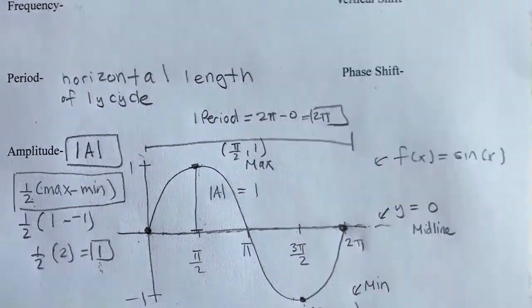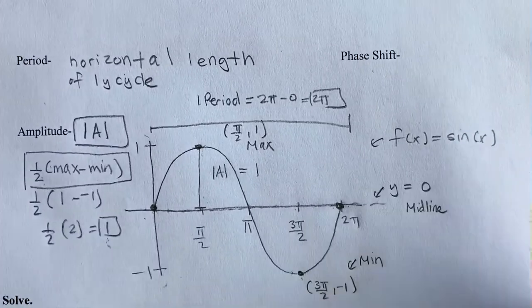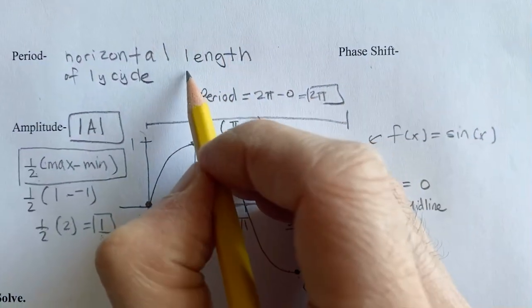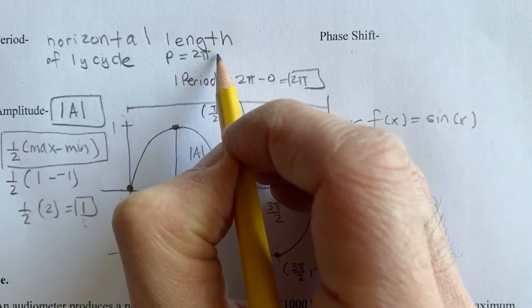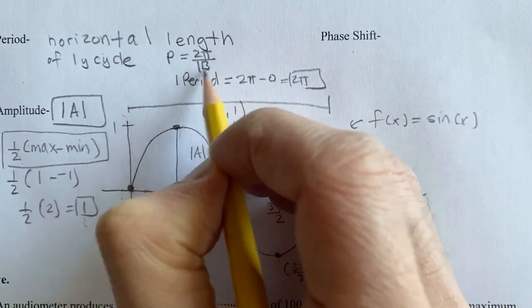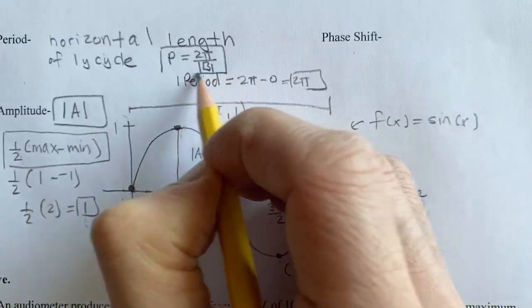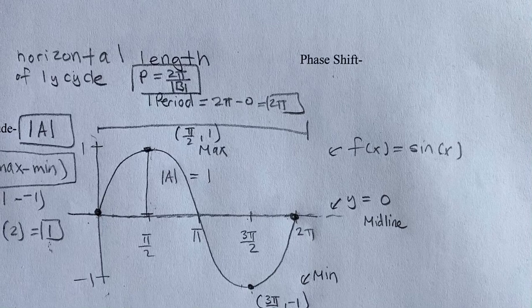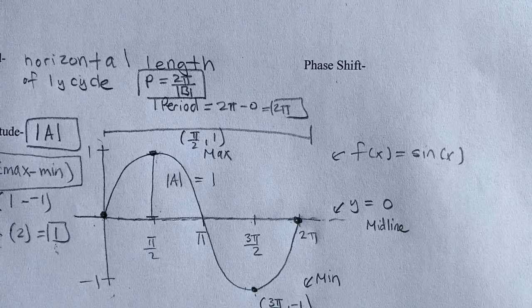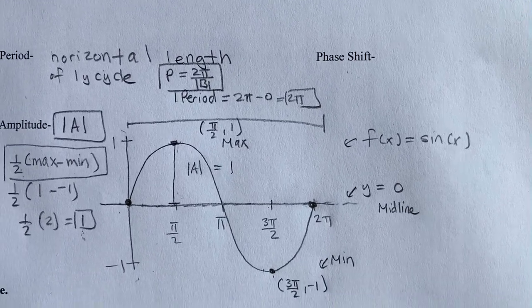And if you remember, right, the period also has a formula. It's given by 2 pi over b. The period is 2 pi over b, absolute value. Remember, the period is also going to be a positive number because it's a distance, right? Horizontal length, horizontal distance, distance is always going to be positive.